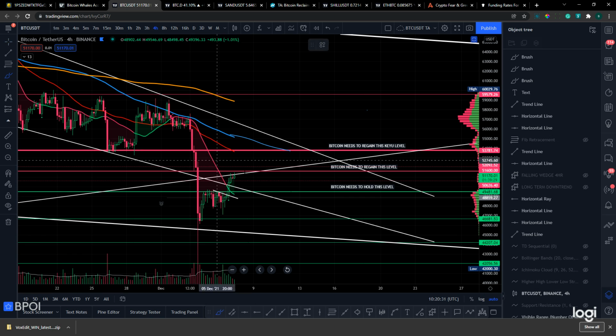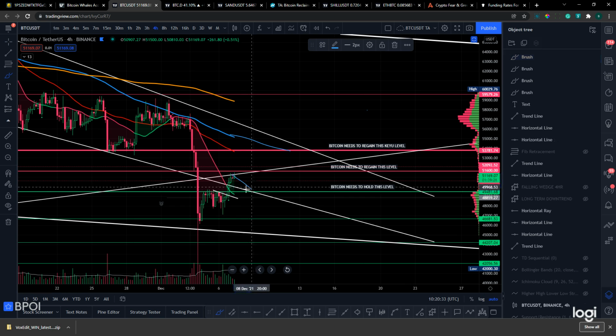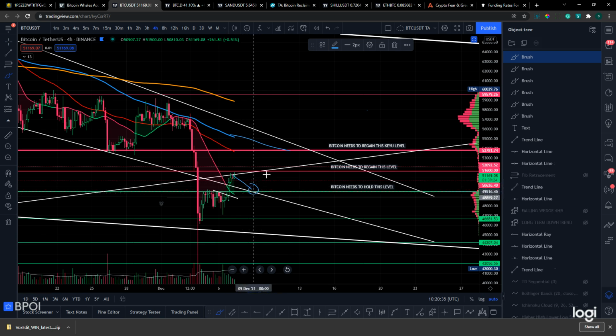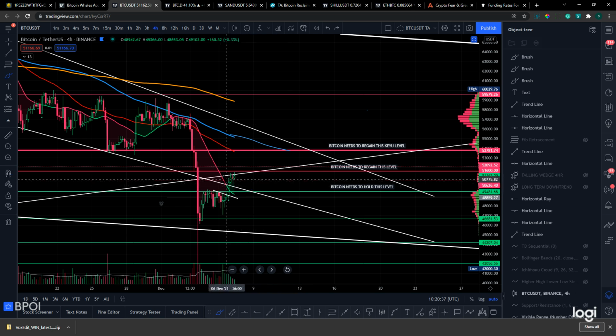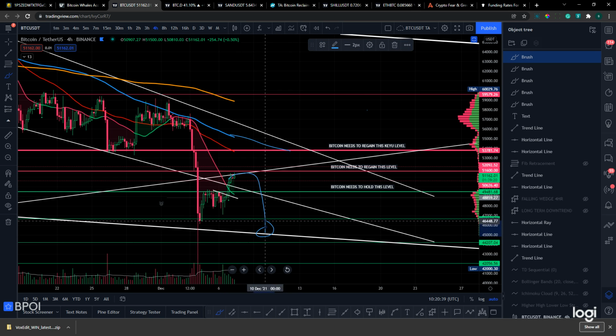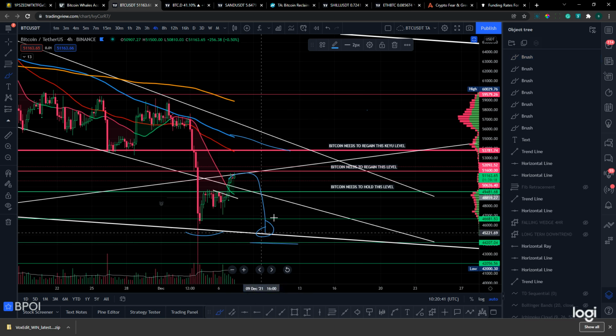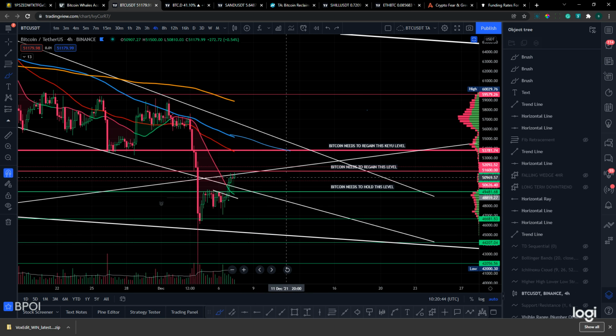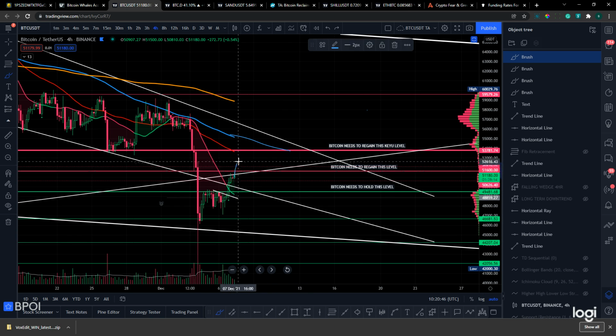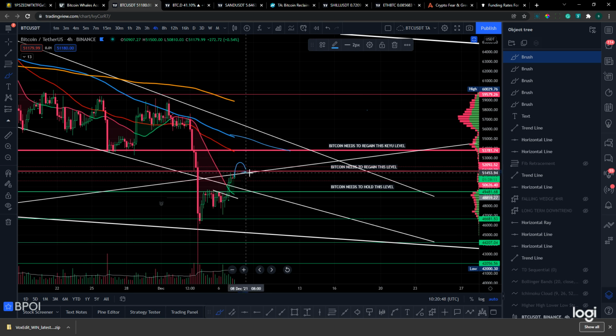Just to recap, I'm looking for hopefully a retest of this lower trend line and a move higher. Failing that, looking for a retest down here, some sort of double bottom, and then a move higher. I'd like to see Bitcoin break this level and hold, so 51,600, that would be great.